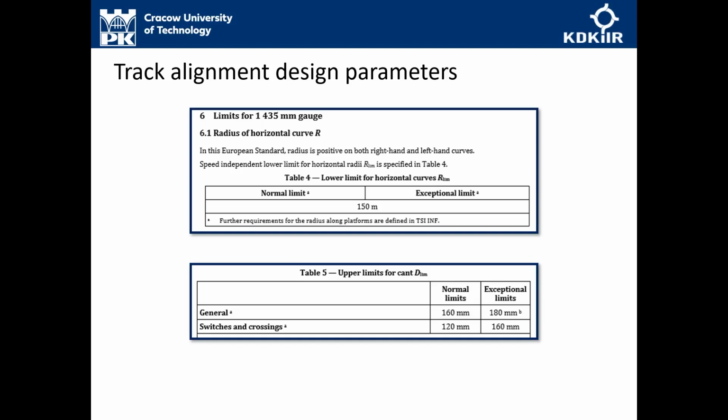Here we have a typical value of 160 mm and an exceptional limit value of 180 mm. You will basically take the 160 mm as the typical limit value. However, in exceptional situations, for example on crossings and switches, these values are reduced to 120 mm, or 160 mm as the exceptional limit.